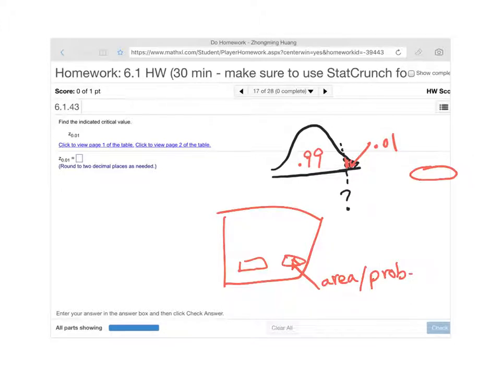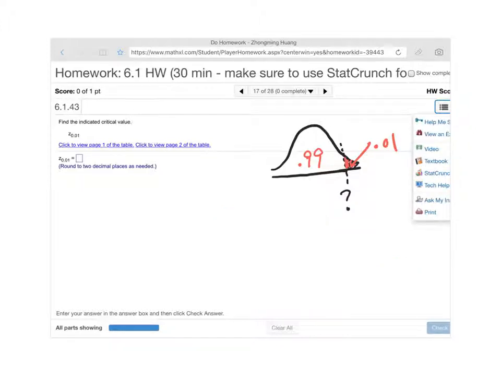So you type in, depending on what sign you use. If you use the less than or equal to sign, then you type in 0.99. If you choose the greater than or equal to sign, you use 0.01. So it depends. And this should be your answer. So that's method number one.